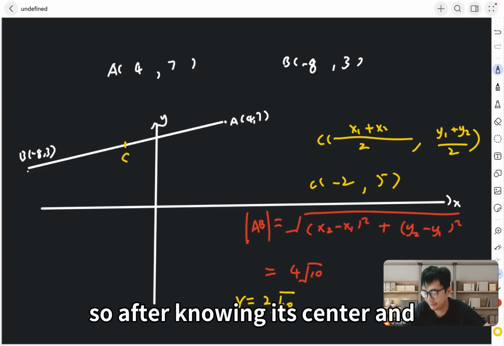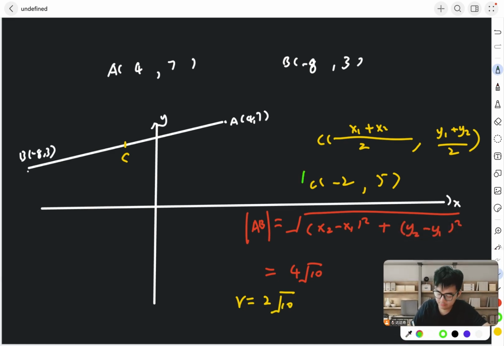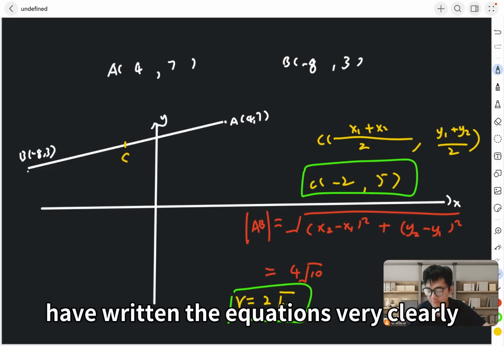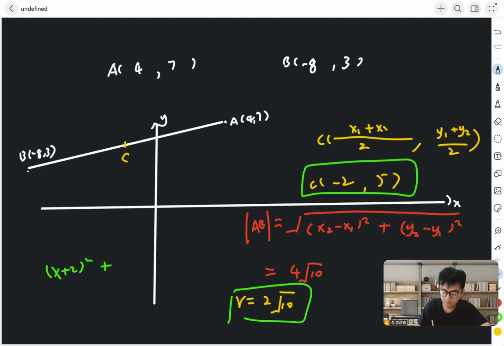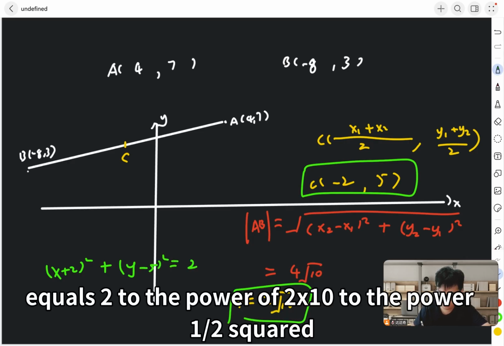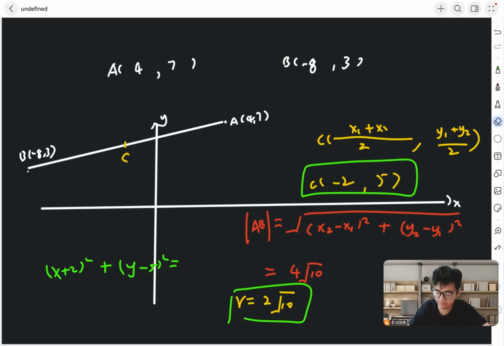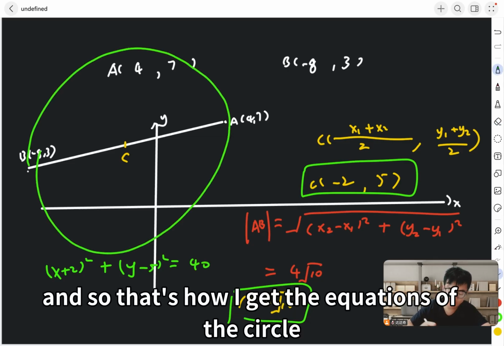After knowing its center and radius, I can write the equation very clearly. It's (x plus 2) squared plus (y minus 5) squared equals 10 to the power of 1/2, squared times 2 squared, which is 4 times 10, so 40. And that's how I get the equation of the circle.